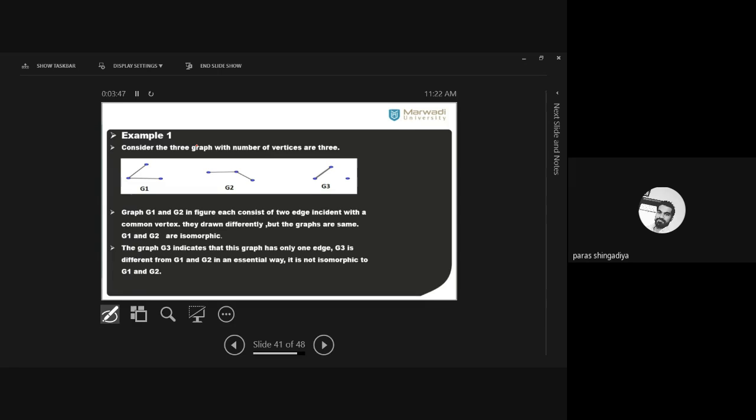There are two vertices of degree 1 and also two vertices of degree 1 in the other, and one vertex of degree 2 and also one vertex of degree 2. That is the basic form that we can use for simple graphs with a limited number of vertices. Then after that we can verify by the one-to-one correspondence relation.